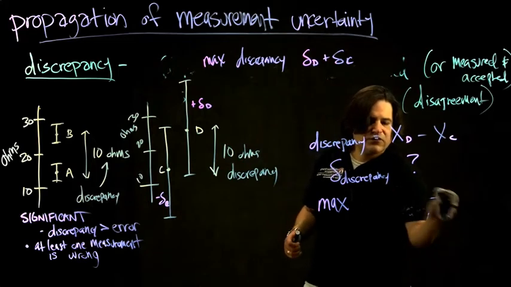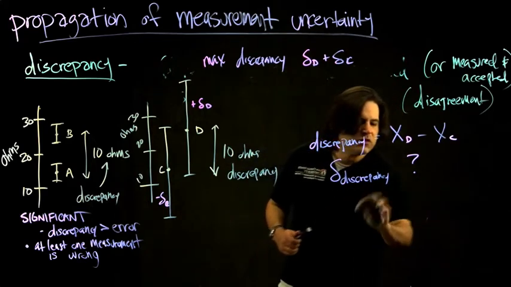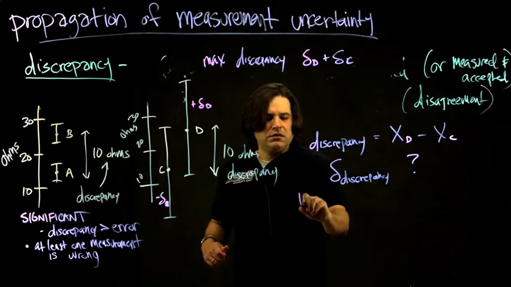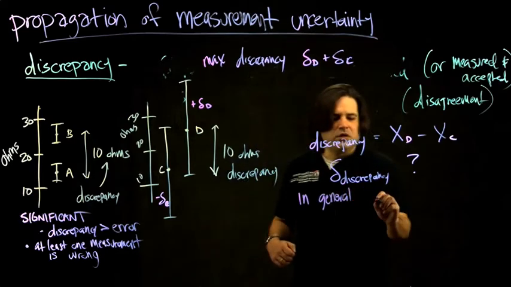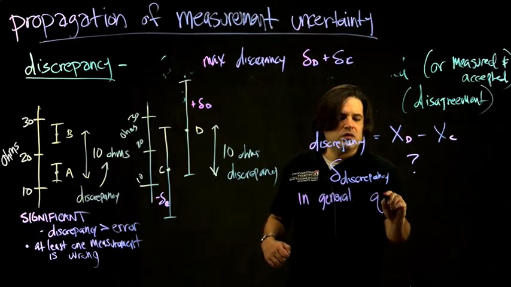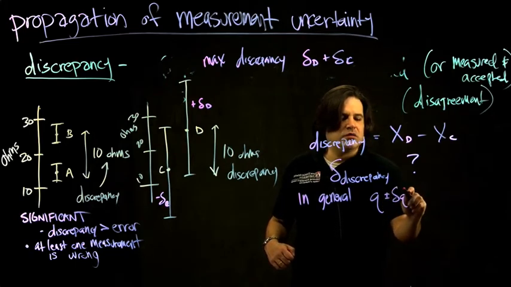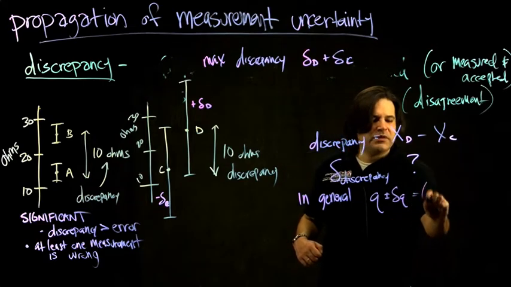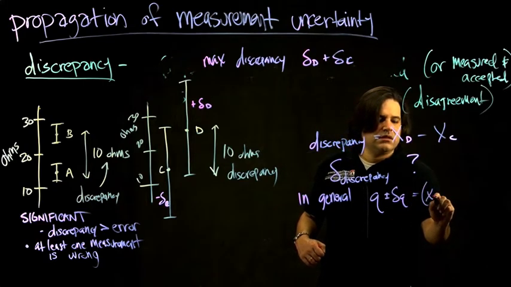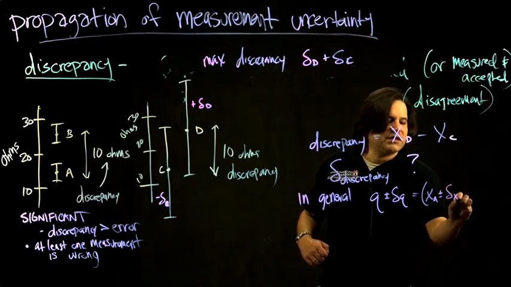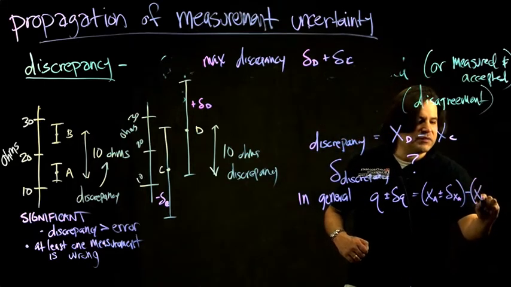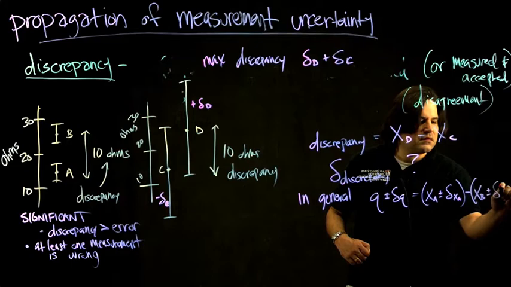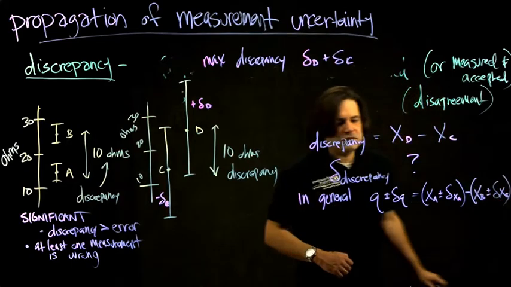So let's first define what we're doing. In general, if you were to say some value Q with some measurement uncertainty, sigma Q, is based on two measurements, XA plus or minus sigma XA, minus another measurement. So that's the question we're trying to ask.